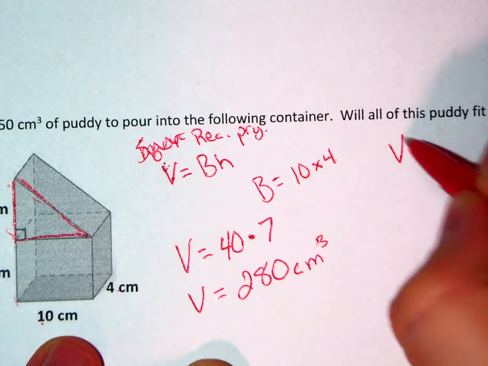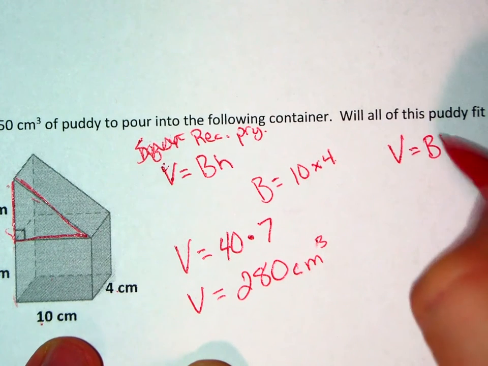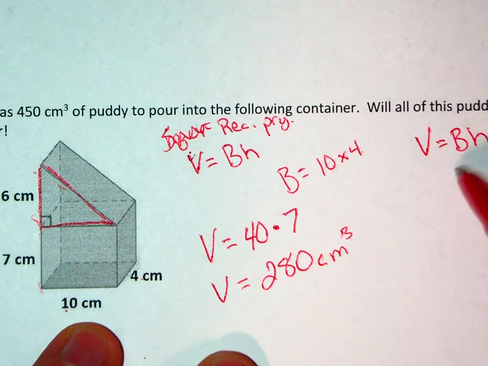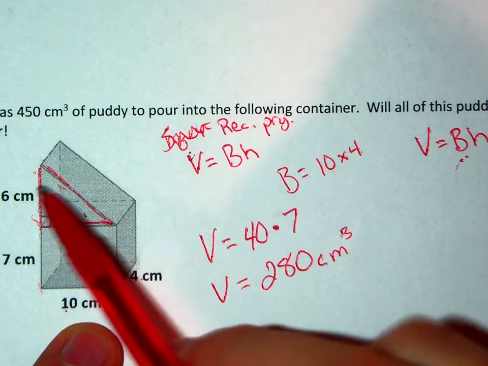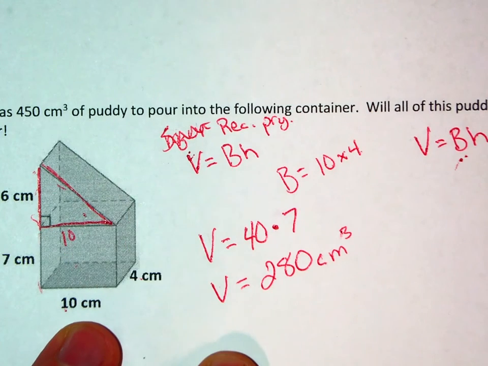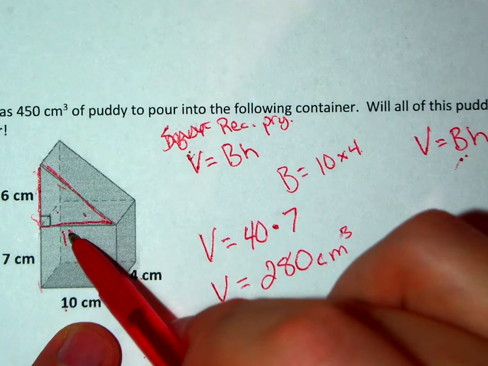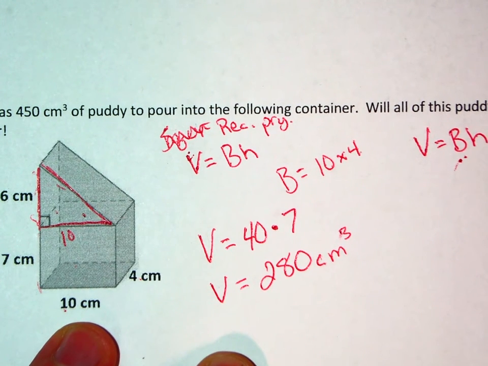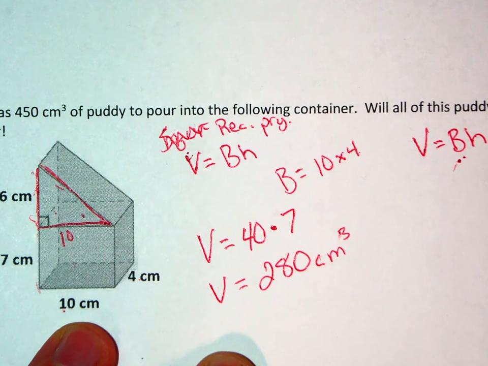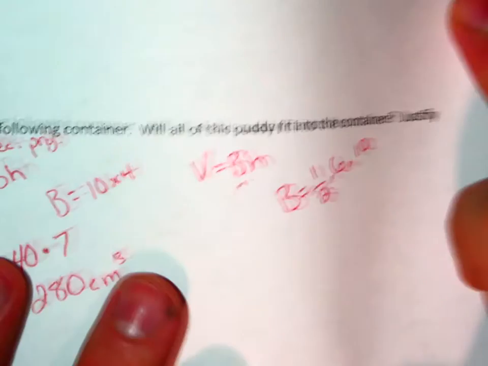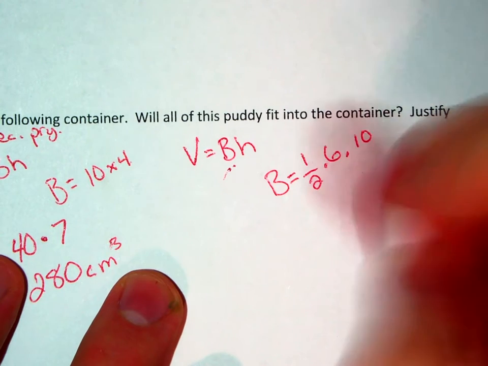So again, we're going to use V equals big B times H. In this particular instance, my big B is going to be the area of my base, so the area of this triangle, which is 6 times 10. Again, the formula for area is 1/2 base times height. So my big B is 1/2 times 6 times 10. Half of 6 is 3. So 3 times 10 would be 30.